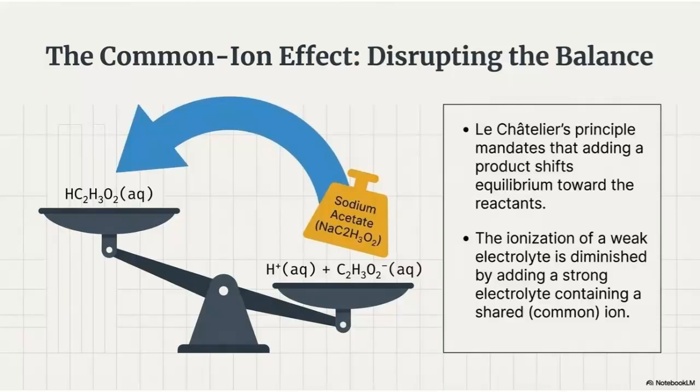We have to take into consideration now, because of kinetics and Le Chatelier's principle, that adding that salt is going to have an effect on that reaction. It's going to push that reaction towards the left, meaning towards the production of that acid.